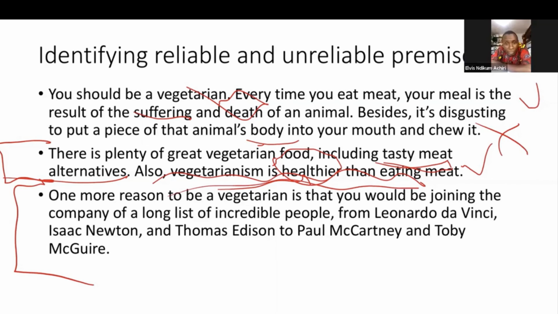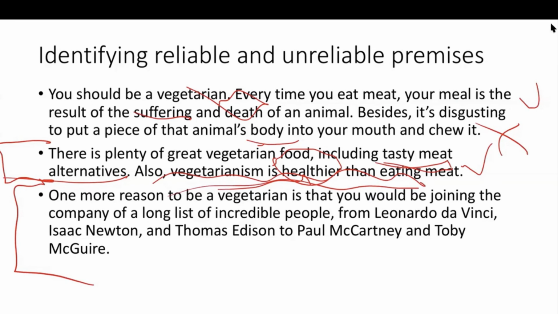Is it very reliable? Not reliable? Unreliable. Why do you say that? How about others? Maybe Einstein is not a vegetarian. Others are not vegetarian, but they are famous, well-known, incredible people. Yeah, they're incredible people.